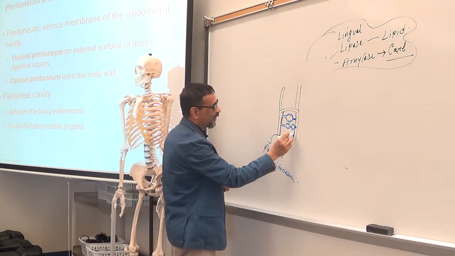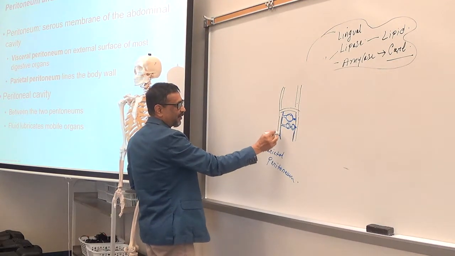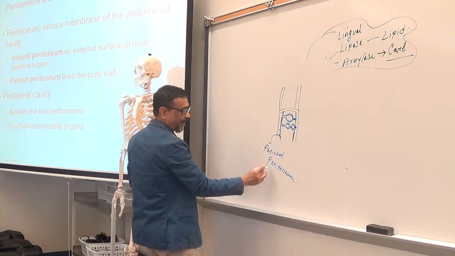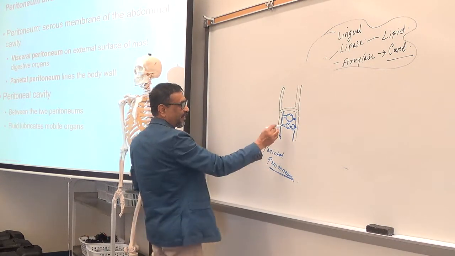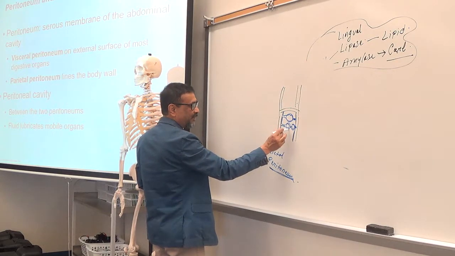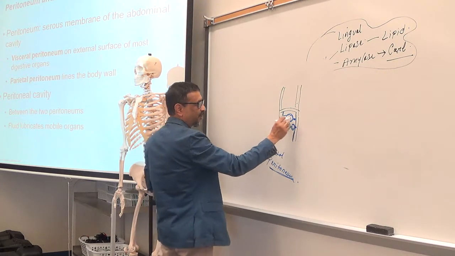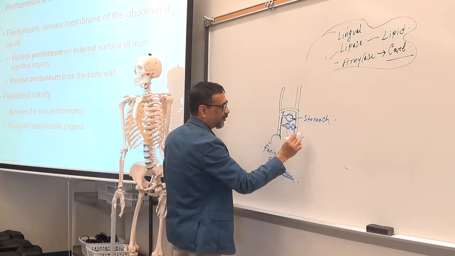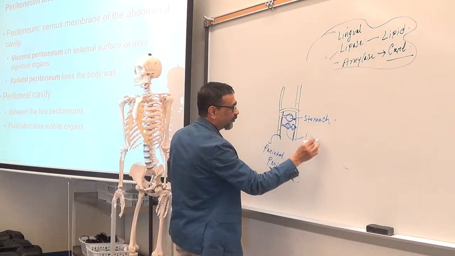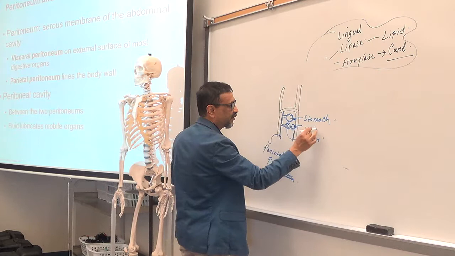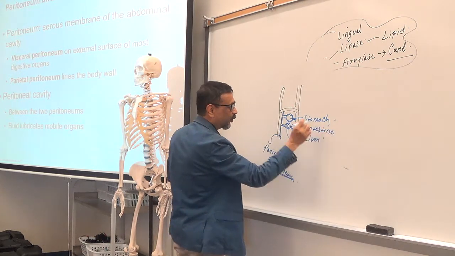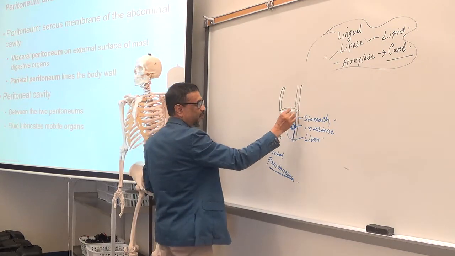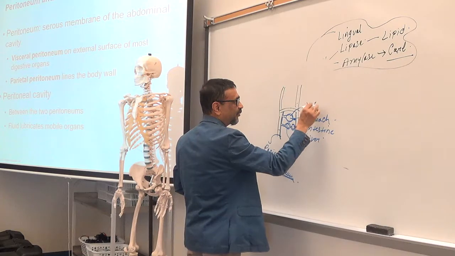Okay? So you see here, this is the layer or membrane that is attached to the wall of the abdomen. That is the parietal layer of peritoneum, and the one going inwards and covering the internal organs, for example, your stomach, your liver, your intestine. Okay? All those digestive organs are covered, and this layer is called the visceral layer.